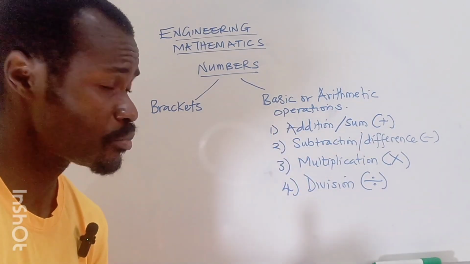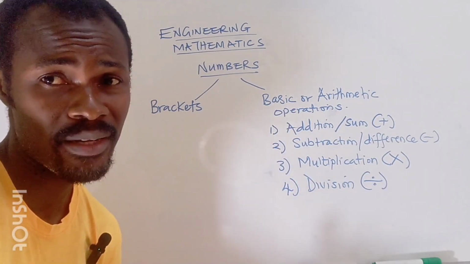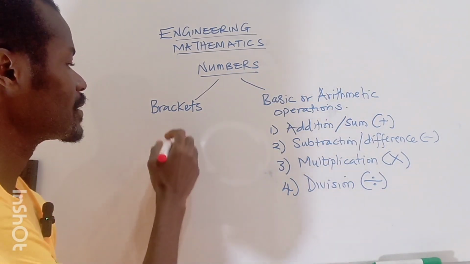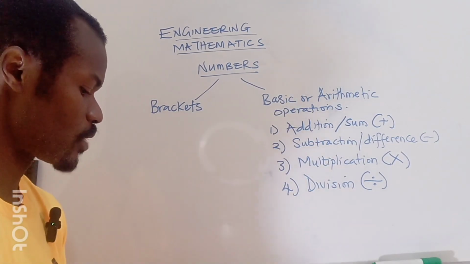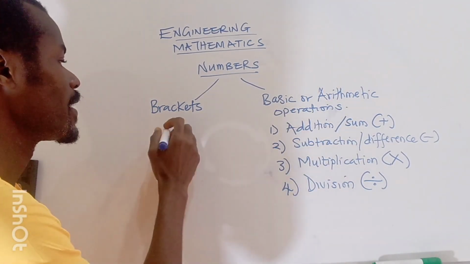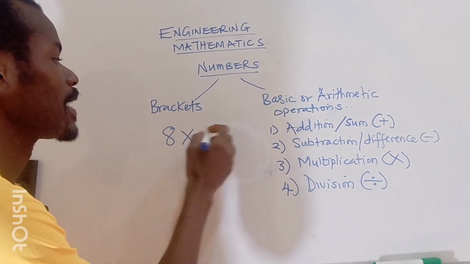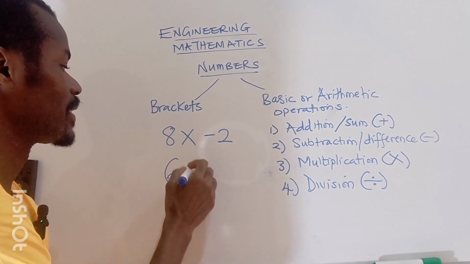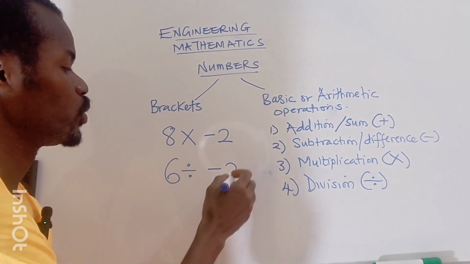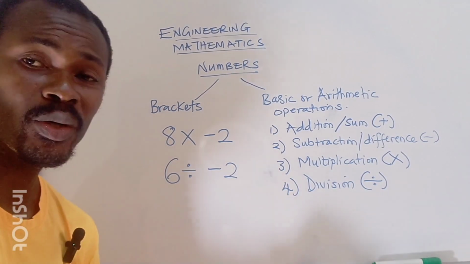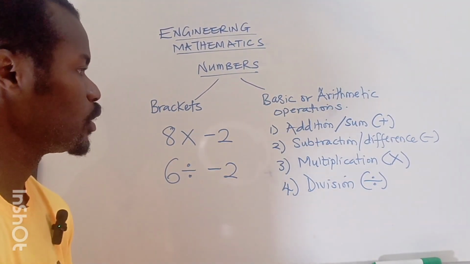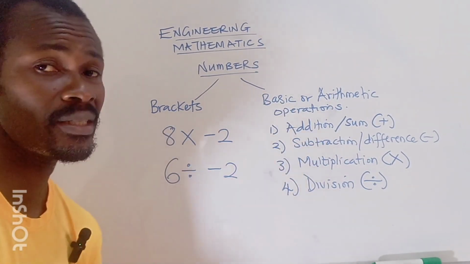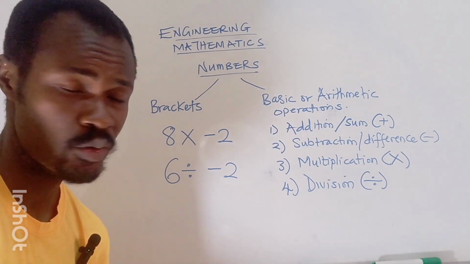And the next idea about brackets is you never need to write two basic operation symbols without using a bracket. What do I mean by that? For instance, if I write on the board 8 multiplied by minus 2, or 6 divided by minus 2, you don't have to write two basic operation symbols like this without using a bracket. That is the next rule.